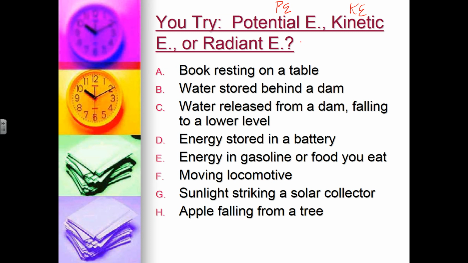Or radiant energy, if you think it's radiant energy, you can put RE. So write these examples down and then classify them. Pause the video while you do that. And then once you've answered these questions, resume the video and check your understanding of these concepts. I'm going to go ahead and go over the answers.